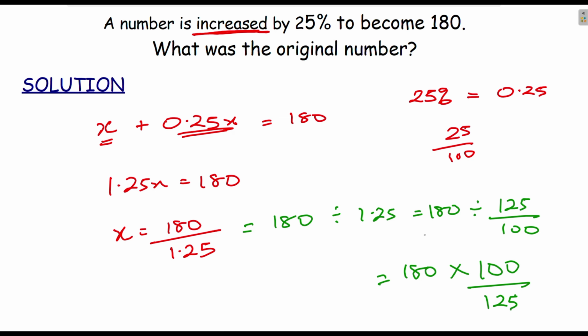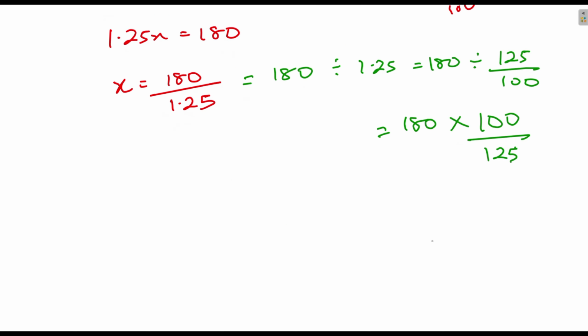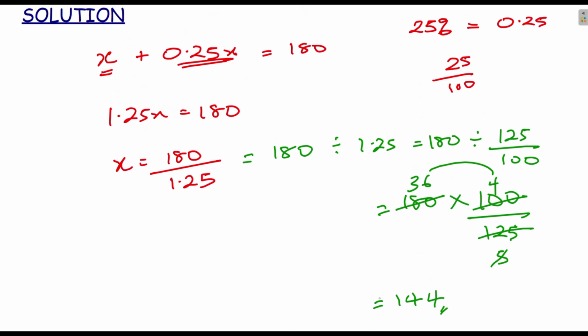Then you can break it down step by step. So 25 in 125 is 5. 25 in 100 is 4. 5 in 180 is 36. And 36 times 4 is 144. And that gives you your answer.